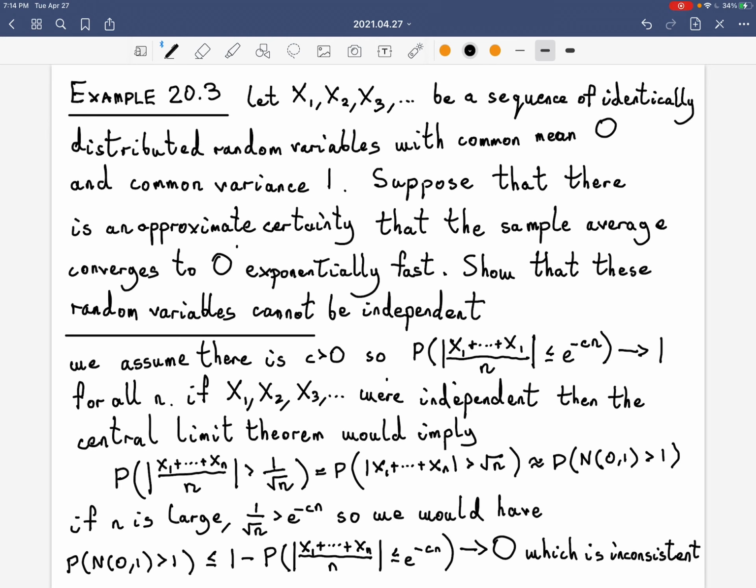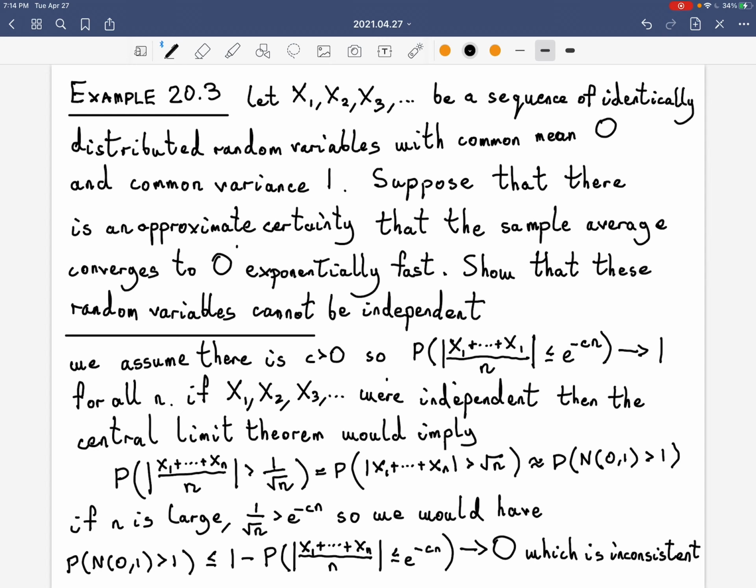So we can see how to think about that mathematically, where we're saying, okay, we have this idea that with approximate certainty, the sample average converges to 0 exponentially fast.